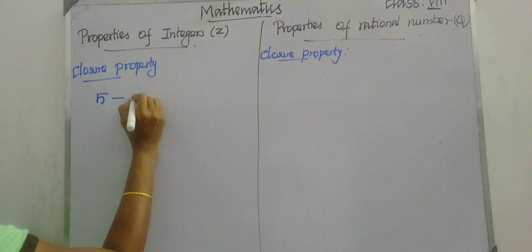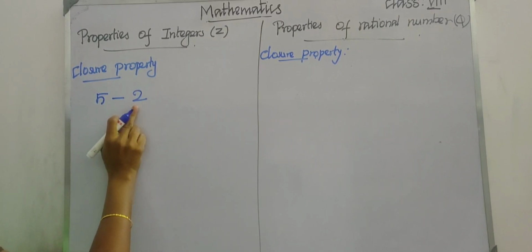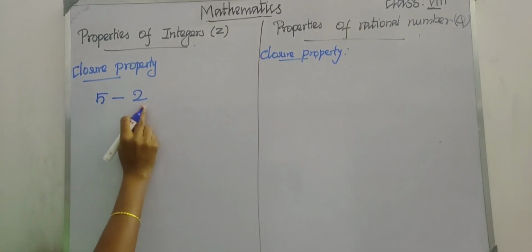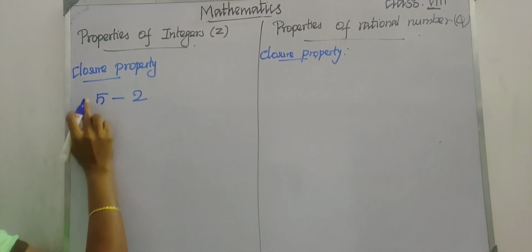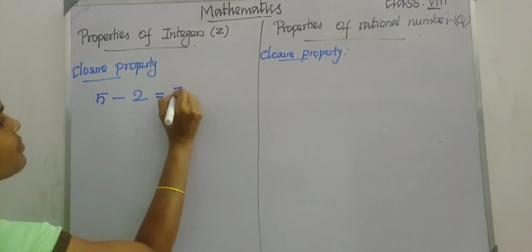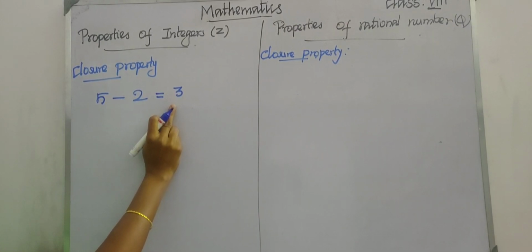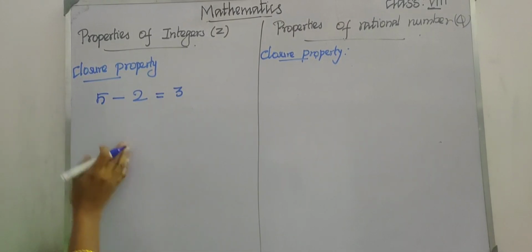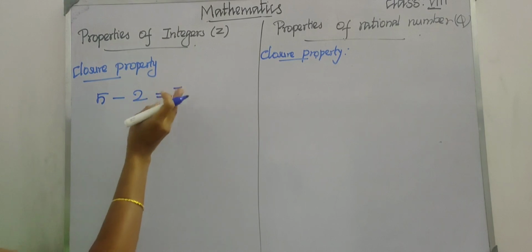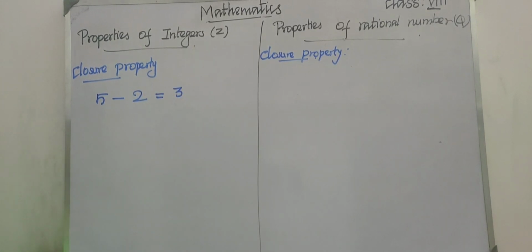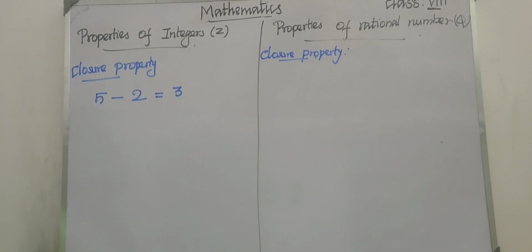And 2 is also an integer. While subtracting, 5 minus 2, we get 3. 3 is also an integer. So while subtracting two integers, if you get an integer as the answer, that is called closure property. Children, we can say subtraction of integers is closed.